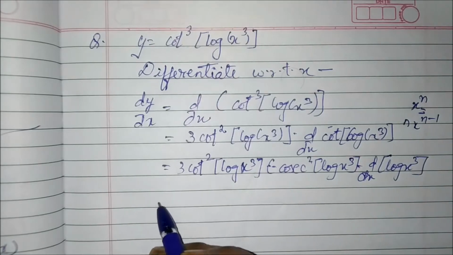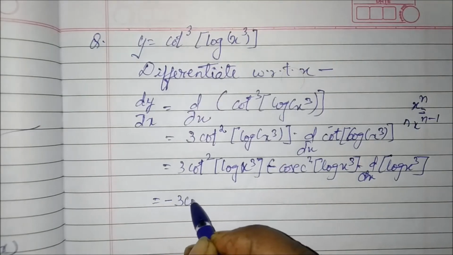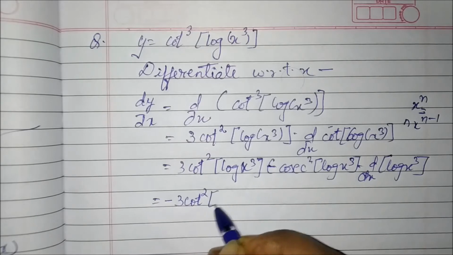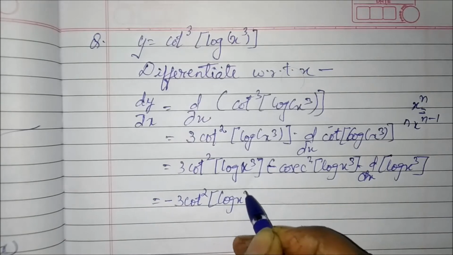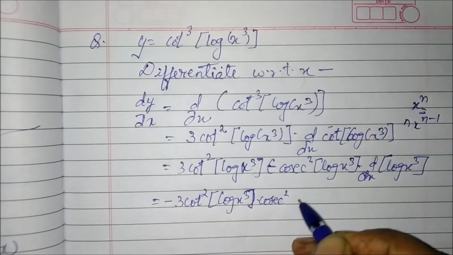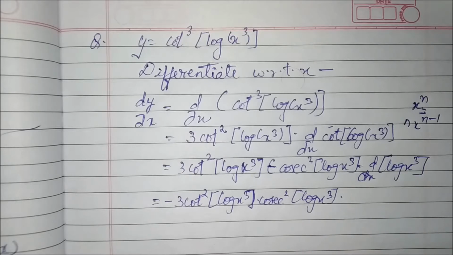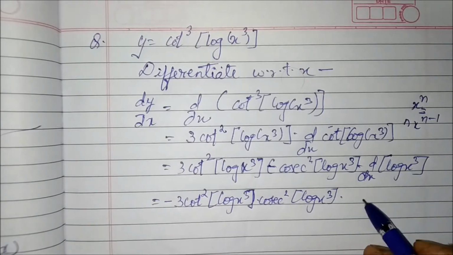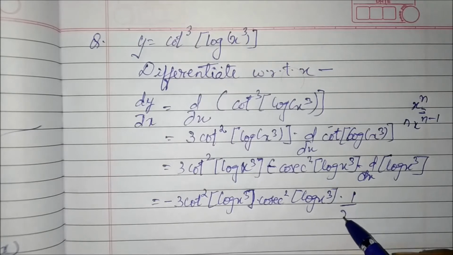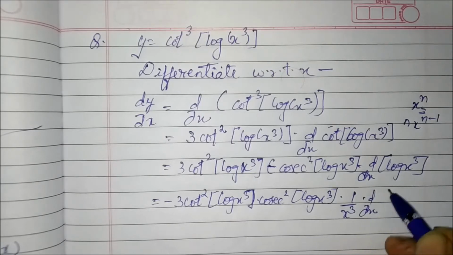So this minus sign will come here, we get minus 3 cot square log of x cube into cosec square log of x cube into, now the derivative of log is 1 by x, so for log of x cube it is 1 by x cube into again d by dx of x cube.